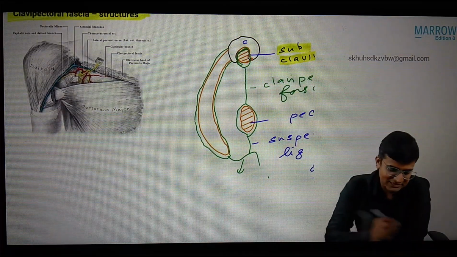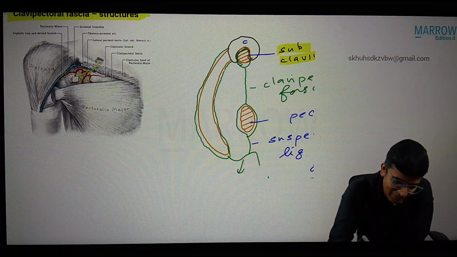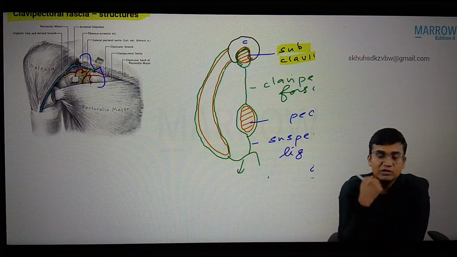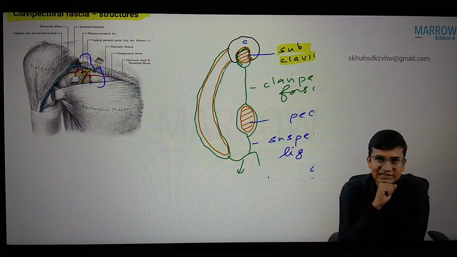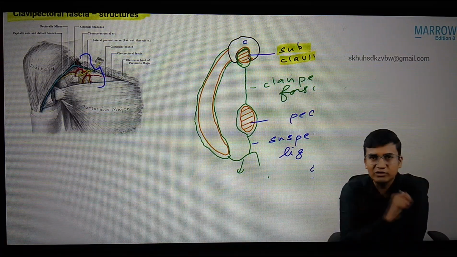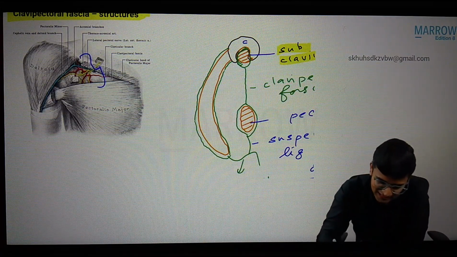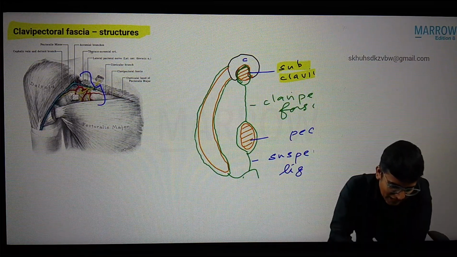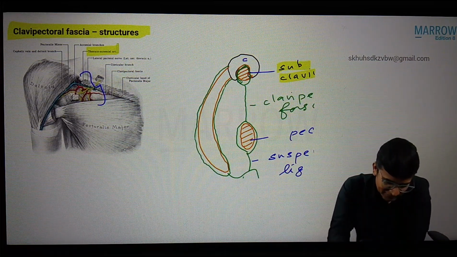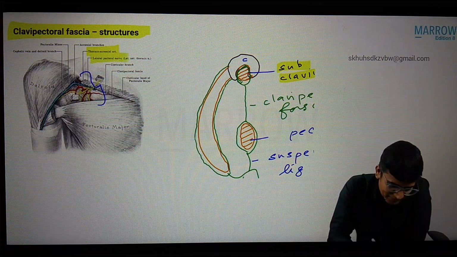Now, see the diagram. We are seeing the clavipectoral fascia. So, the clavipectoral fascia will be here. Now, there are some structures piercing the clavipectoral fascia. What are those? One artery, one nerve, and one vein. So, three structures pierce the clavipectoral fascia. Artery, thoracoacromial artery. Nerve, lateral pectoral nerve.